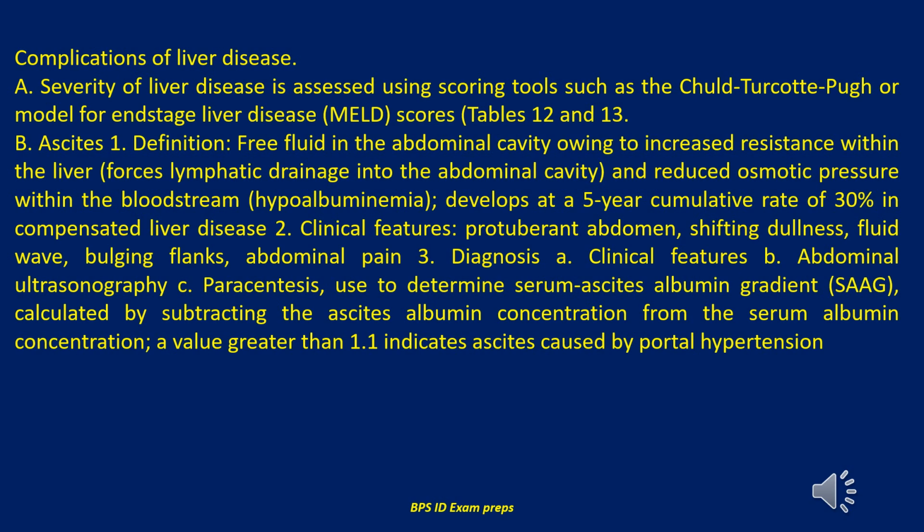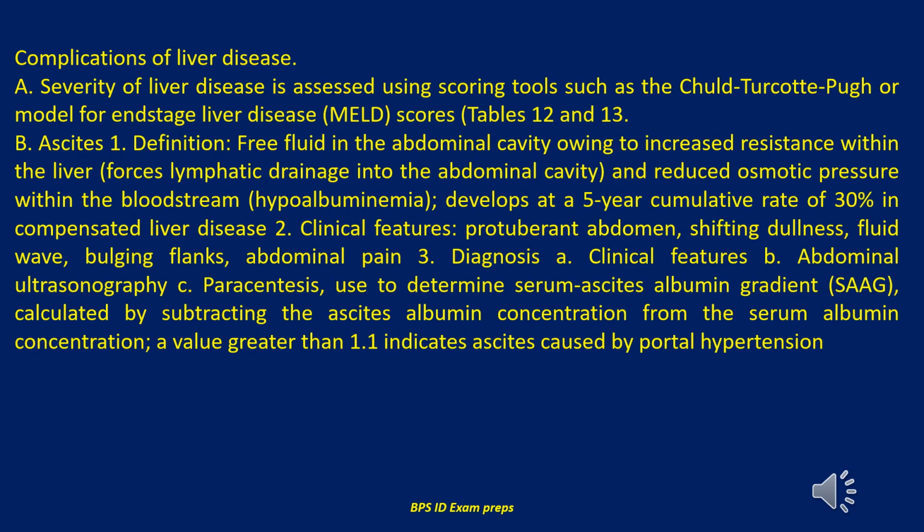3. Regarding its diagnosis, it is based on A. Clinical features. B. Abdominal ultrasonography. C. Paracentesis, used to determine serum ascites albumin gradient, abbreviated as SAAG, calculated by subtracting the ascites albumin concentration from the serum albumin concentration.